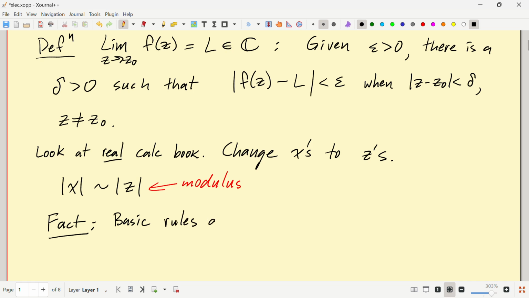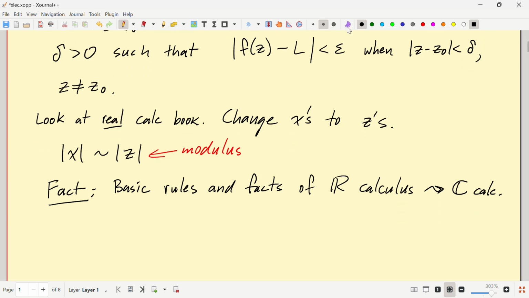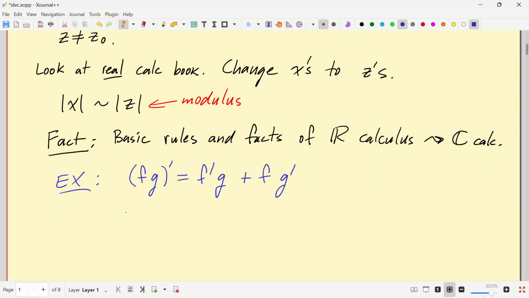The basic rules and facts of R calculus go over to C calculus about limits, difference quotients, etc. An example would be, I haven't defined derivative yet, but when I do, the derivative of a product is going to be the product rule, etc., and the quotient rule too, and in fact the chain rule.